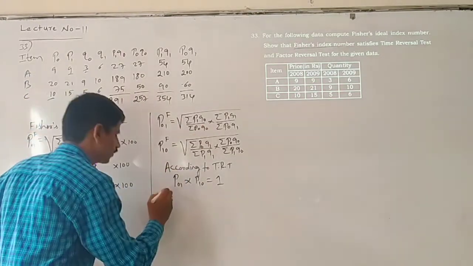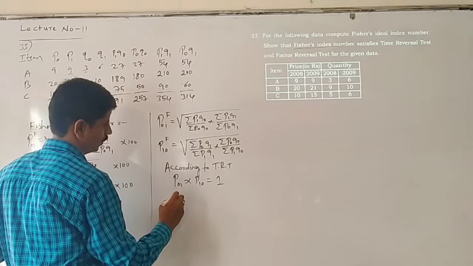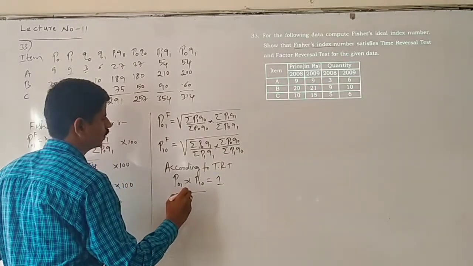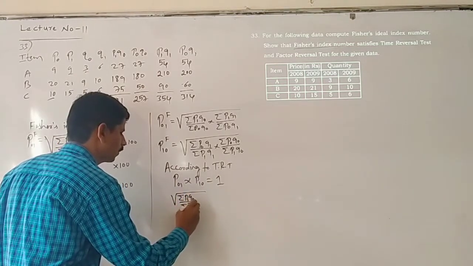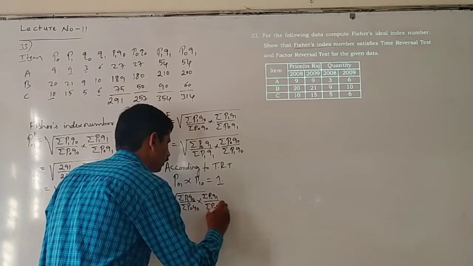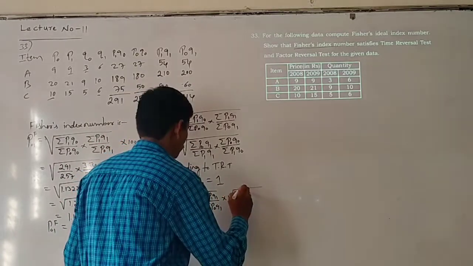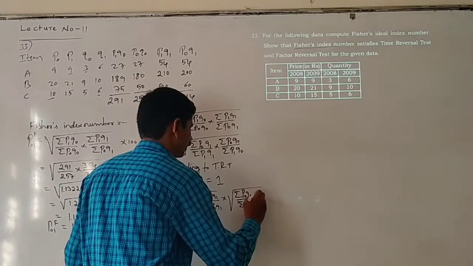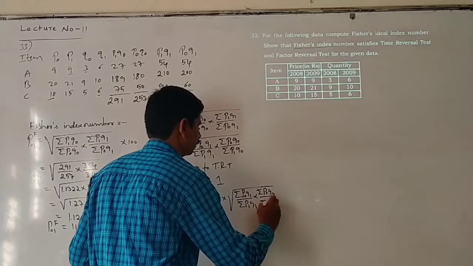P01 formula is under root of sum of P1 Q0 by sum of P0 Q0 into sum of P1 Q1 by sum of P0 Q1, into under root of sum of P0 Q1 by sum of P1 Q1 into sum of P0 Q0 divided by sum of P1 Q0.